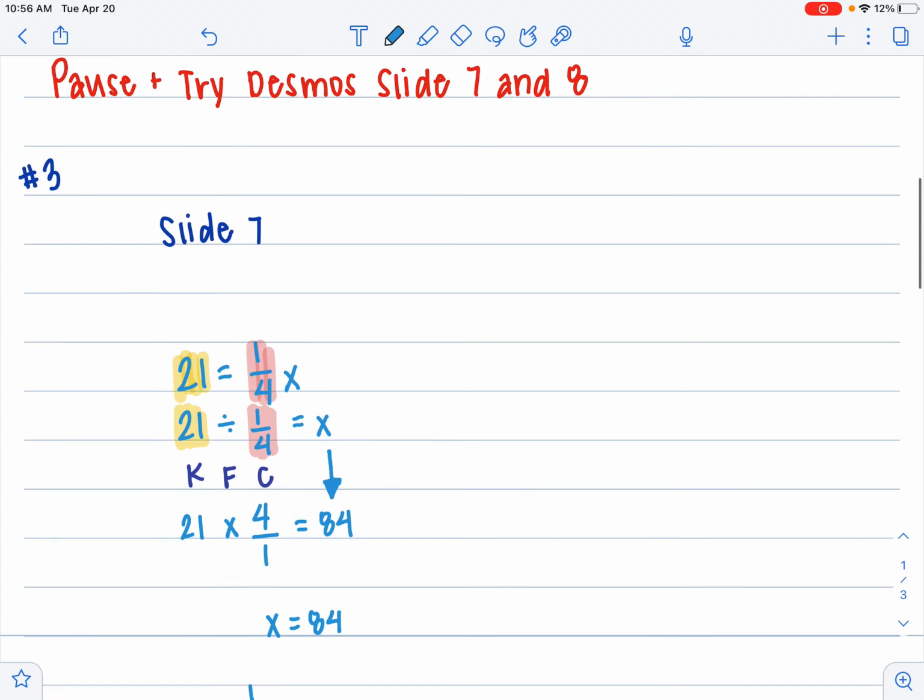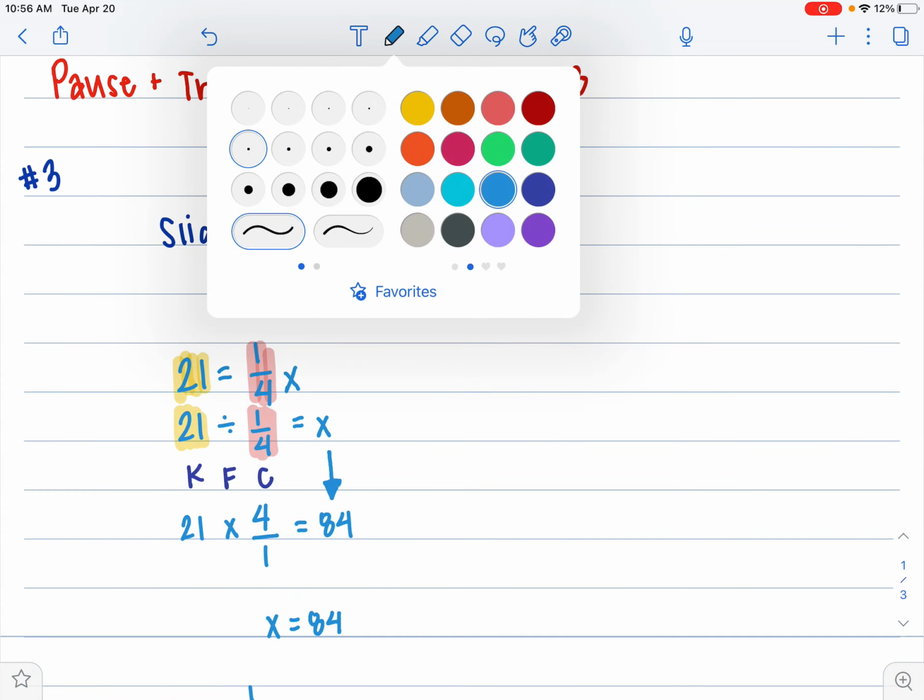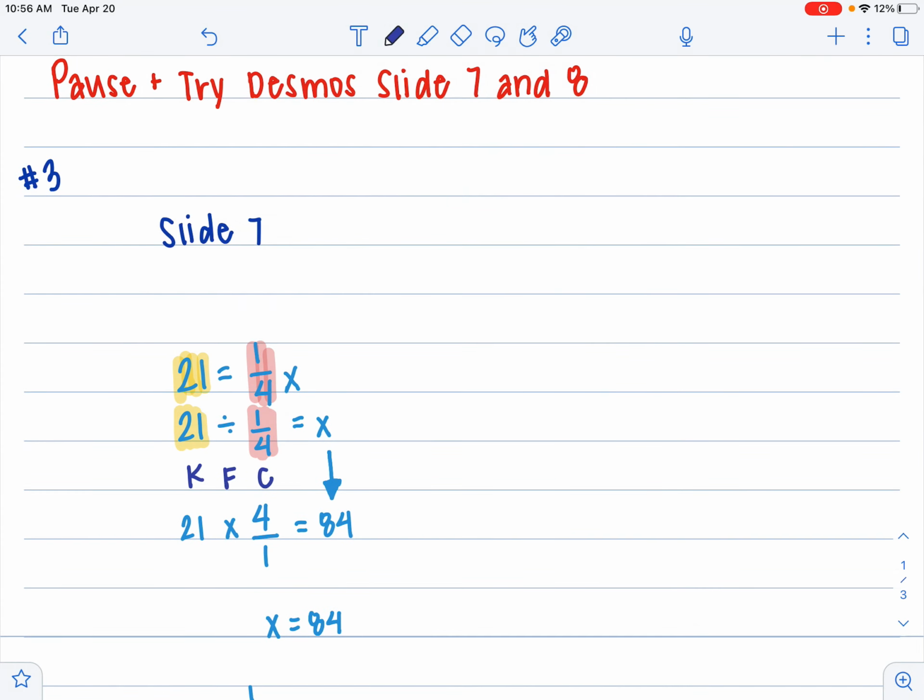Now, another way to think about this question is that 21 equals 1/4 x is the same as saying 1/4 of some number is 21. And so we could draw that out as a picture, right?